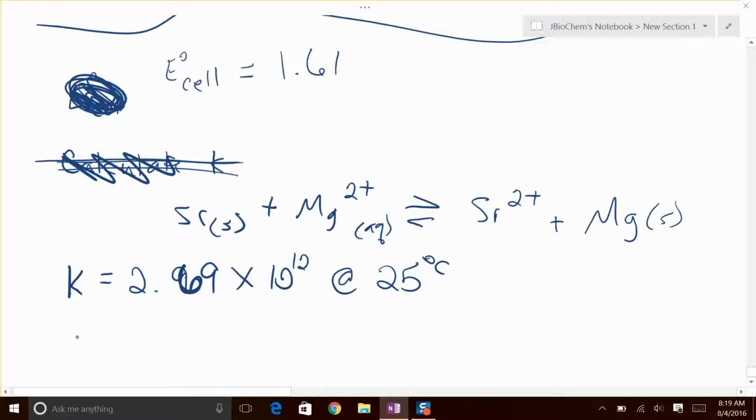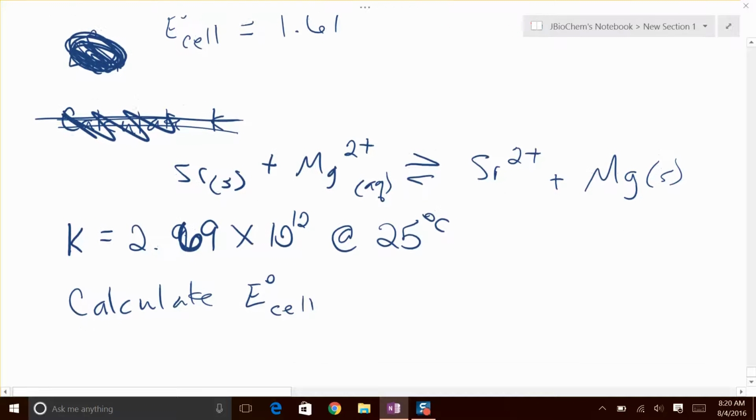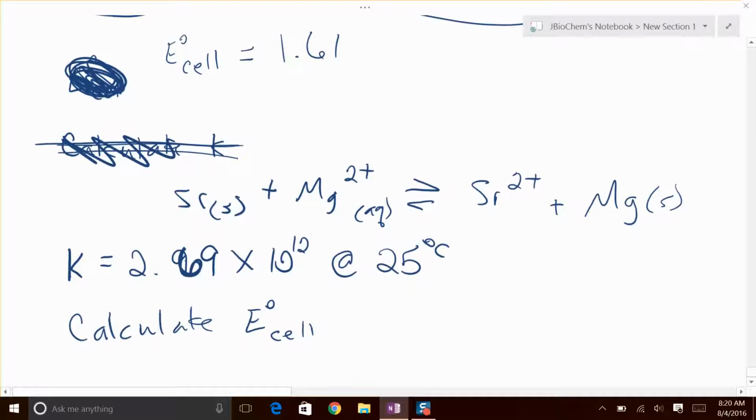So calculate E naught of the cell. Okay, so this time you're using K to calculate the E naught of the cell. So what is N? 2.